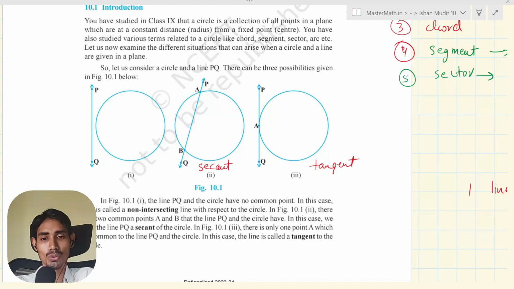And for those who have a past-life notion of tangent from the trigonometry chapter, it is something related to the tangents that we studied, but just give me a moment. Okay.